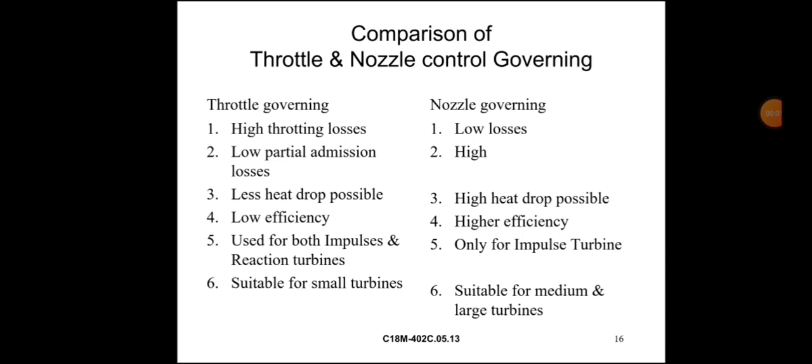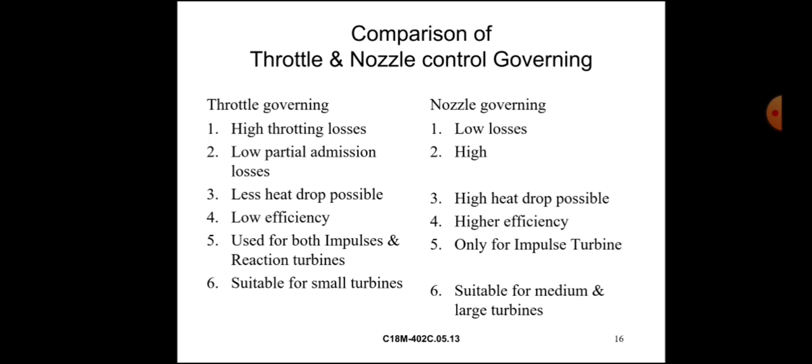We discuss this comparison of throttle and nozzle control governing, the difference between the two. Throttle governing has high throttling losses, nozzle governing has low losses. Throttle governing has low partial admission losses, nozzle governing has high partial admission losses. Less heat drop is possible in throttle governing.